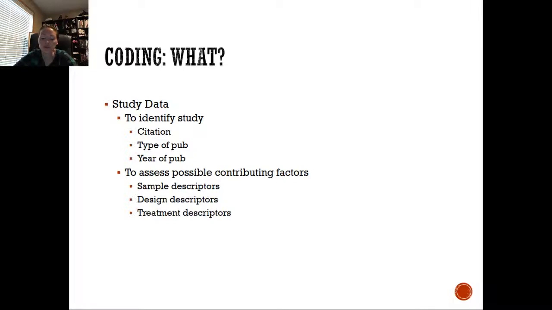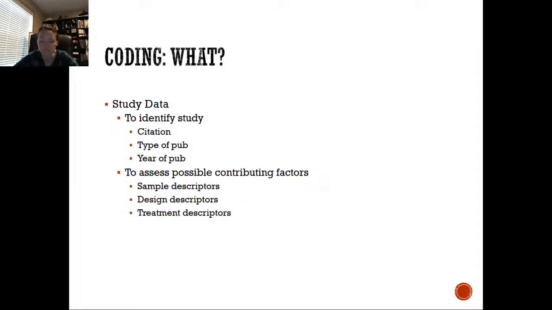Additionally, the study data that we're going to use to identify the study, sometimes that can be really important as well. So, for instance, it could be the type of publication that's making a difference. But what's actually more often is that we'll find that it's the year of the publication.